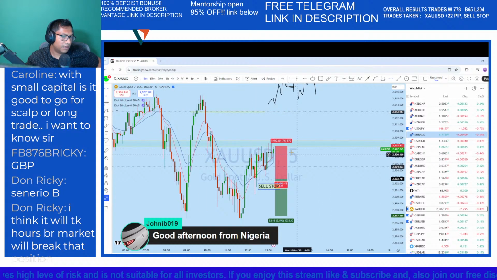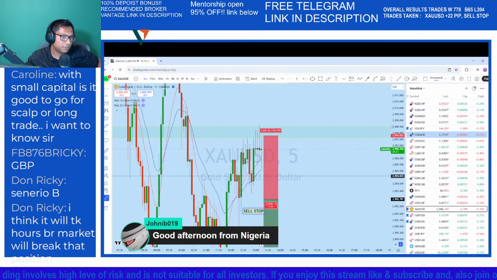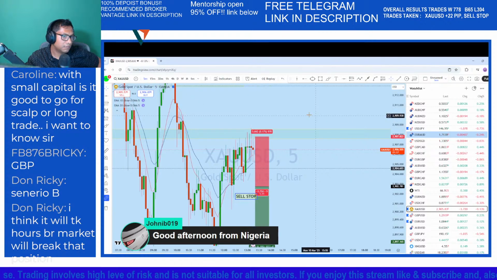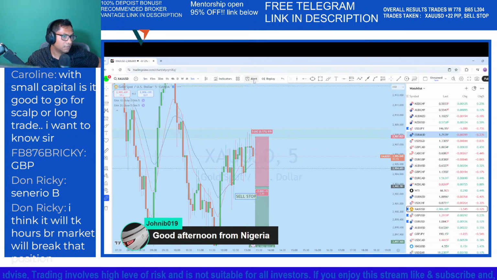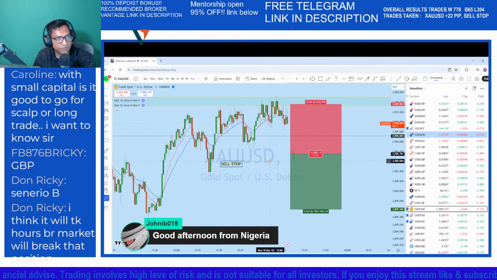See, very unusual price action in this area. Okay, so we might get triggered if it is breaking below.